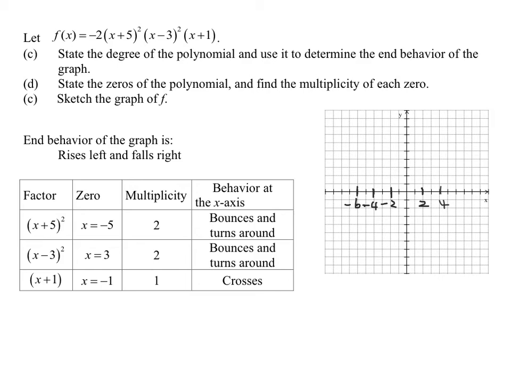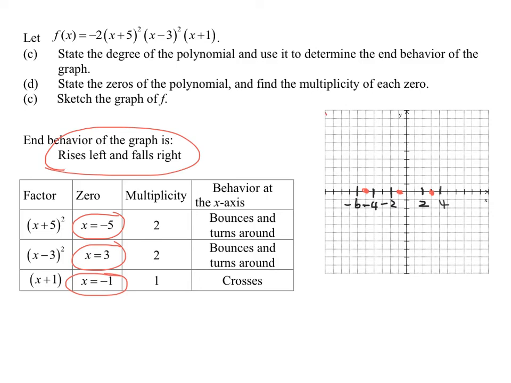So the first thing I have to do is plot my zeros. So the first one was x equals -5, which is right there. The next one is x equals -1, which is right there. And the last one was x equals 3. So there are my zeros. Now I'm going to add in my end behavior.